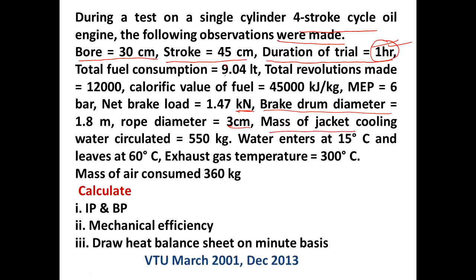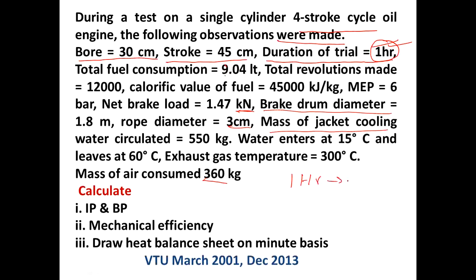Mass flow rate of the water in the cooling jacket is 550 kg. Water enters at 15 degrees Celsius and leaves at 60 degrees Celsius. Exhaust gas temperature is 300 degrees Celsius. Mass of air consumed is 360 kg. All these are taken for 1 hour.